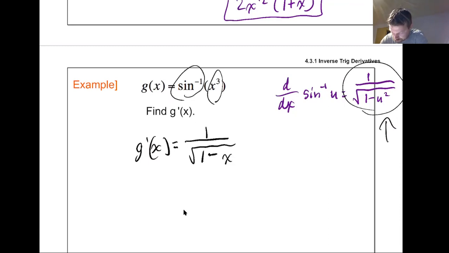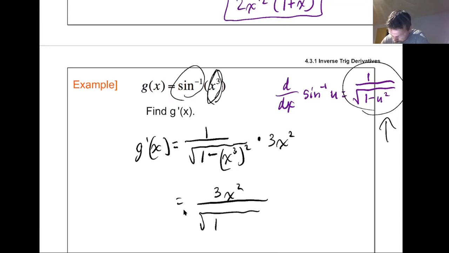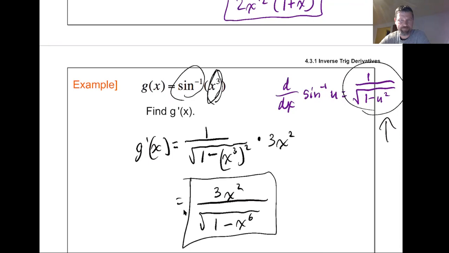So x to the 3rd squared, multiplied by the derivative of the inside. Well, that x to the 3rd was my inside, so the derivative of that would be 3x squared. Again, I could simplify this. If I multiply those two together, 1 times 3x squared is 3x squared in the numerator, all over the square root of 1 minus x to the 6th. Just like that.